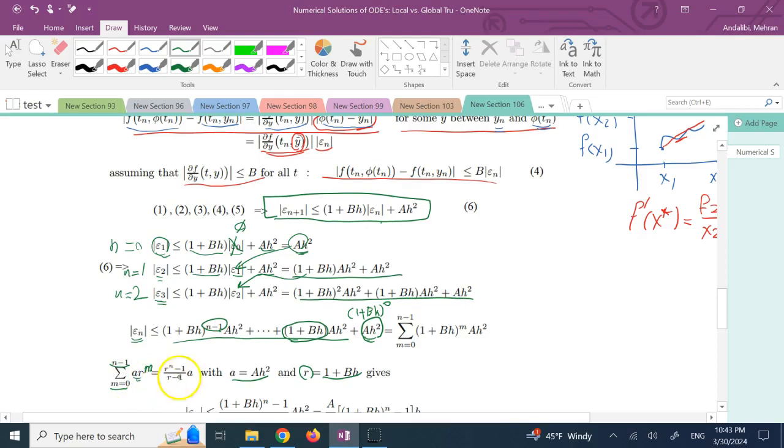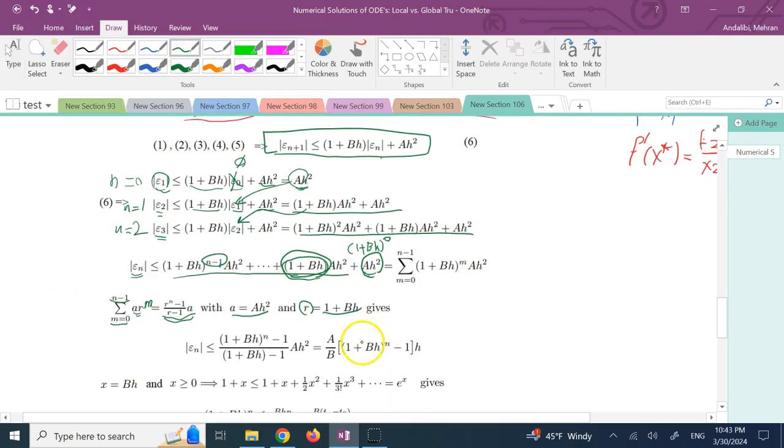And a r to the m, and of course you all know the value of the summation of a geometric progression. If the magnitude of the r term, which is this, is less than 1, if that's the case, then your epsilon n magnitude is going to be r to the n minus 1 over r minus 1 times a.